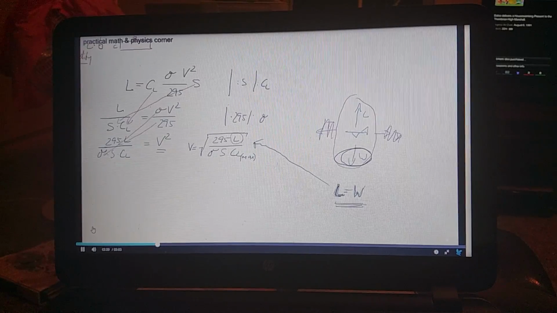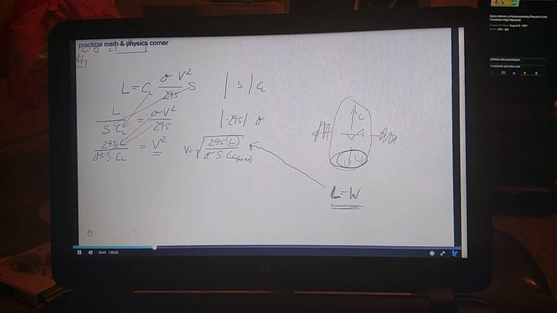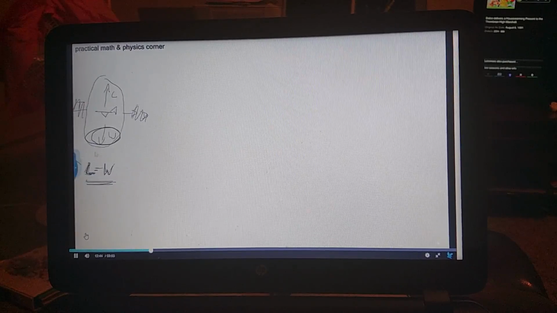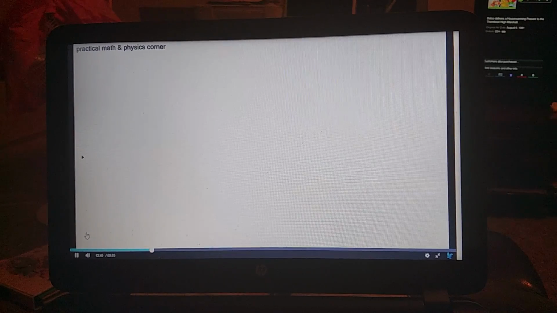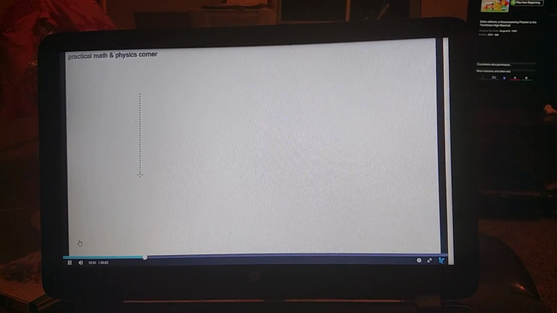The second part it's aiming at is an understanding of the lift curves and the diagrams involved with those.